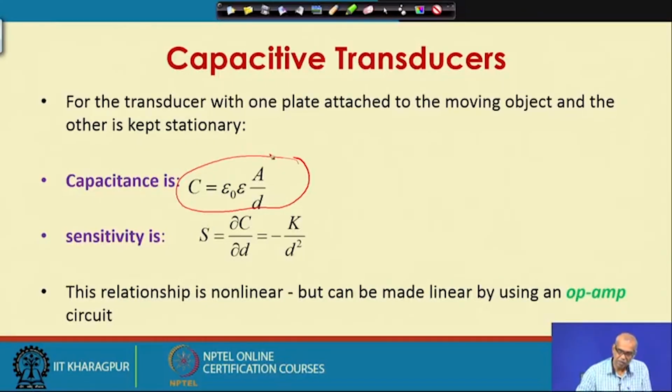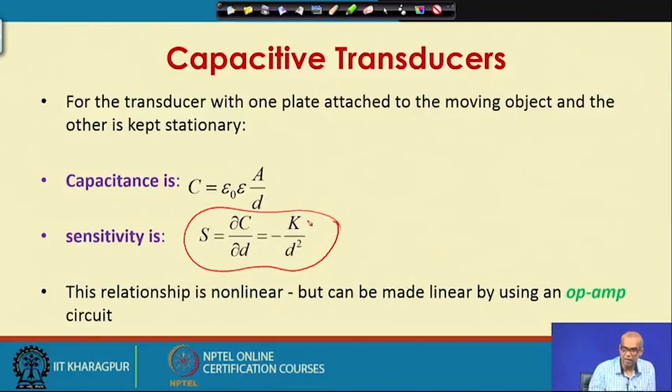So, a measure of sensitivity will be change in capacitance with respect to change in distance between these two plates. So, the measure of sensitivity is del C del D.